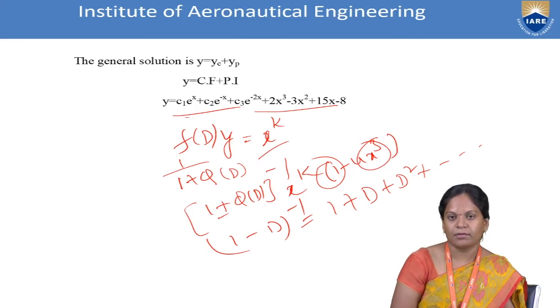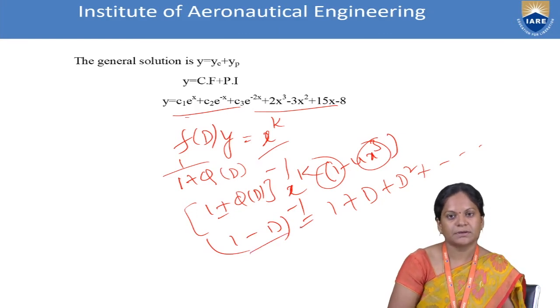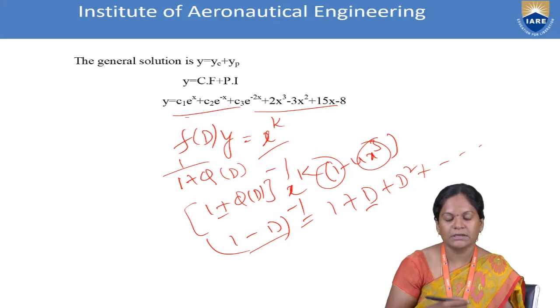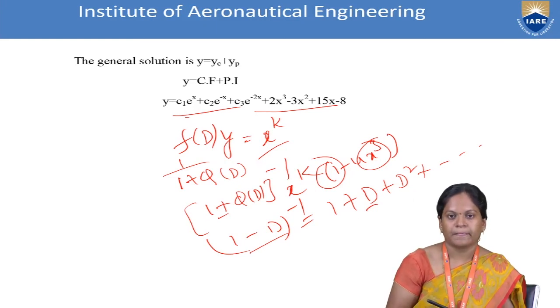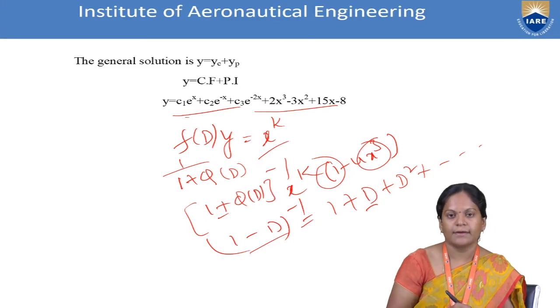Based on k, we have to expand the binomial 1 minus d whole inverse term. Then multiply both. D already we know, 1 time differentiation. D square is nothing but 2 times differentiation, and d cube is nothing but 3 times differentiation. So like this we have to find the particular integral, and based on roots we find the complementary function yc.